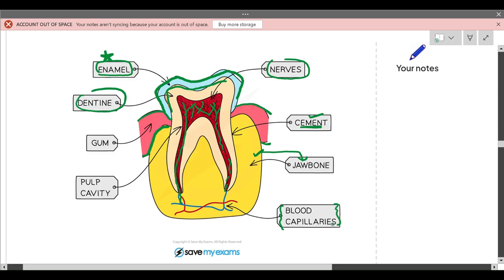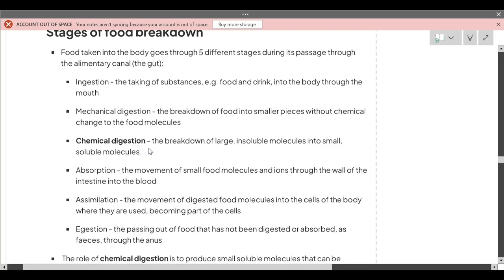They are also supplied with blood capillaries: this is an artery, and the blue one is the vein. The cavity in which these nerves are present is called the pulp cavity. So this is how you would label the structure of a typical tooth.